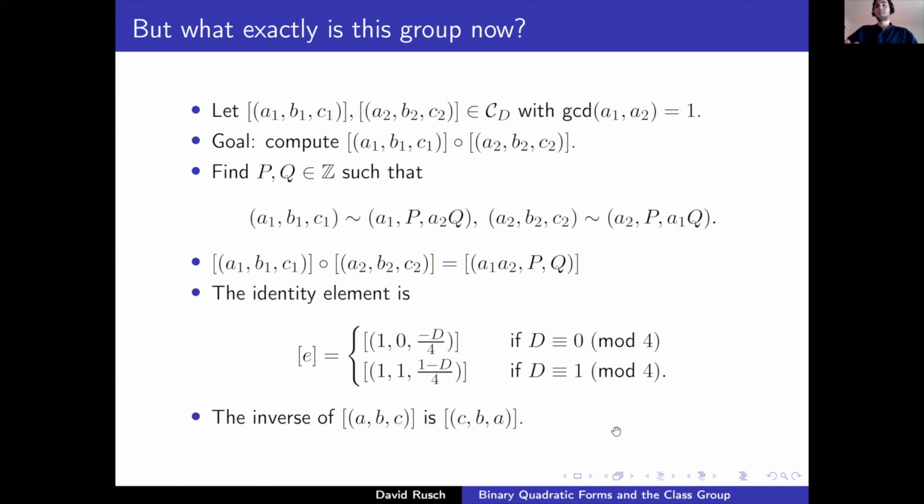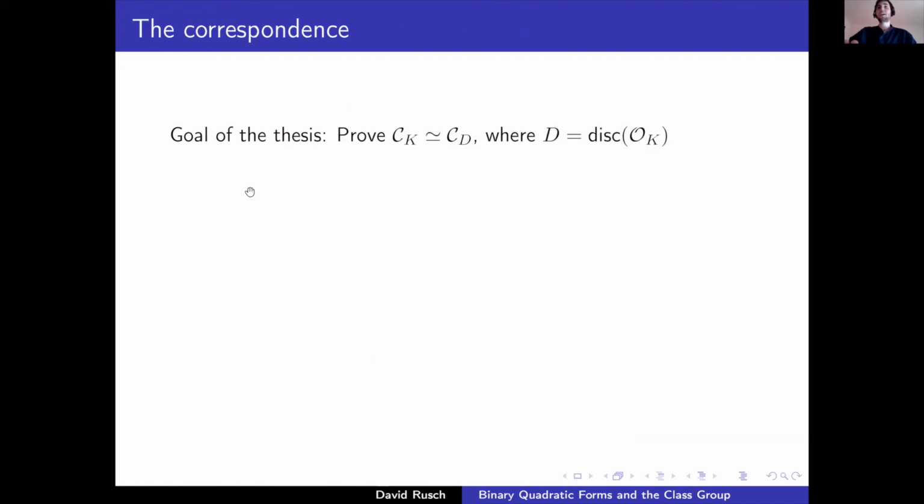Okay, so yeah, this group is not really easy to define, but there are algorithmic ways to compute in this group. So it is of use if you want to study the class group and already know that these two groups are isomorphic, then this group can be useful. Okay, so now in the third chapter of my thesis, I finally proved the correspondence theorem.